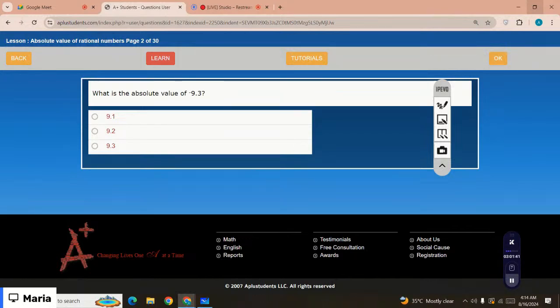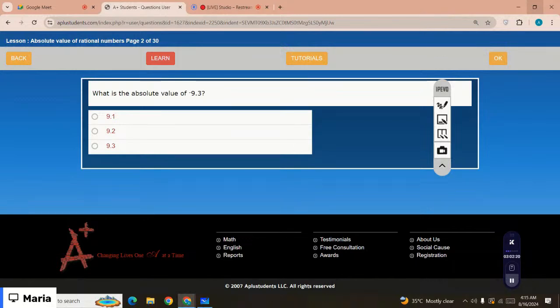What is the absolute value of negative 9.3? So which is the correct option? The correct option is 9.3.